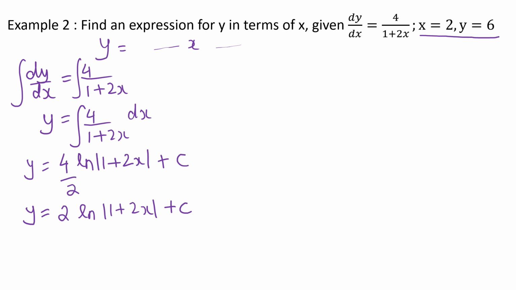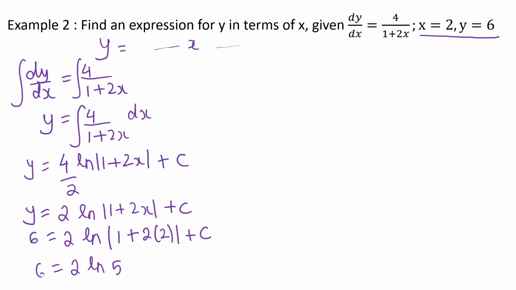To find the value of c, we are going to substitute the y as 6 and the x as 2. So 1 plus 2 times 2, plus c. So 6 equals 2 ln 5 plus c.